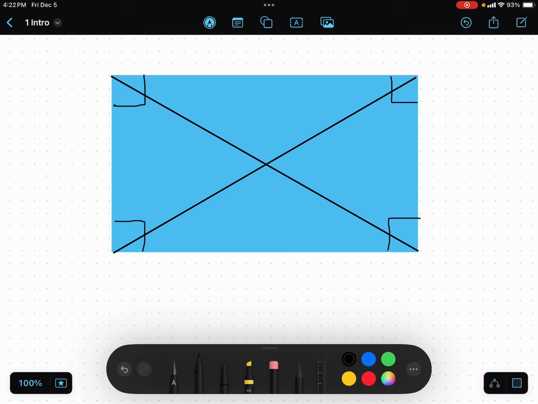The other fact about rectangles is that like all parallelograms, the diagonals bisect each other, meaning they are cut into equal parts or halves.